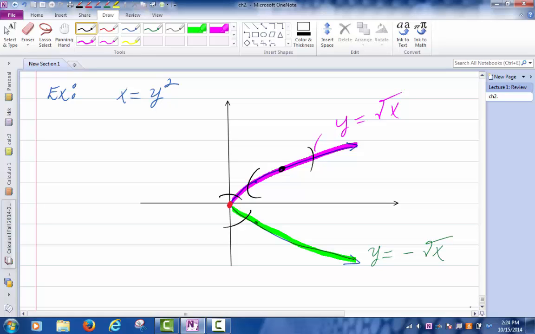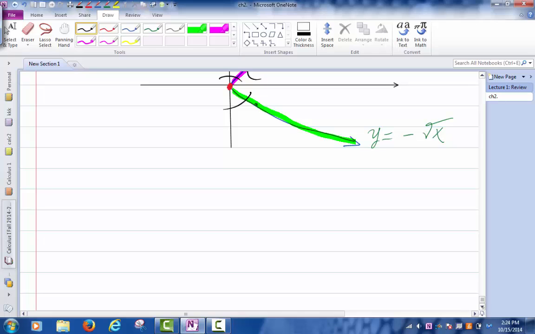We say that both of these functions are implicitly defined by that equation. Now in this case, we were able to give explicit formulas for both functions. But usually you cannot even find explicit formulas for these functions, okay?